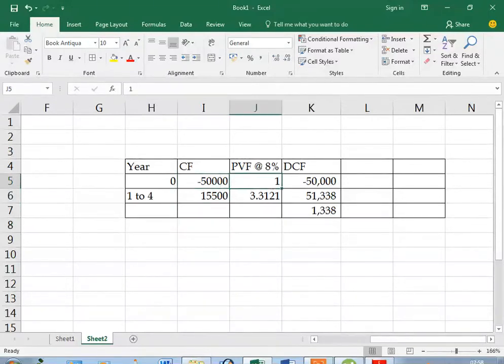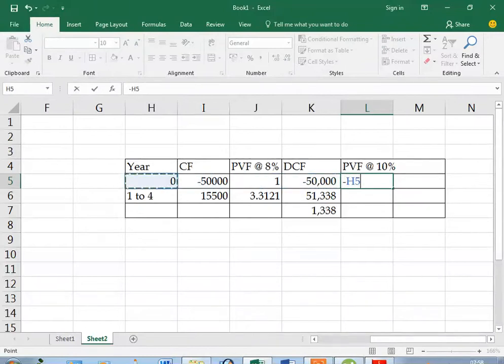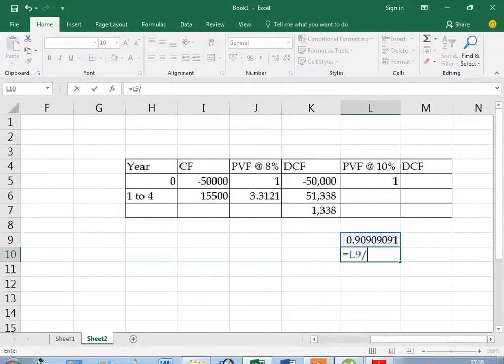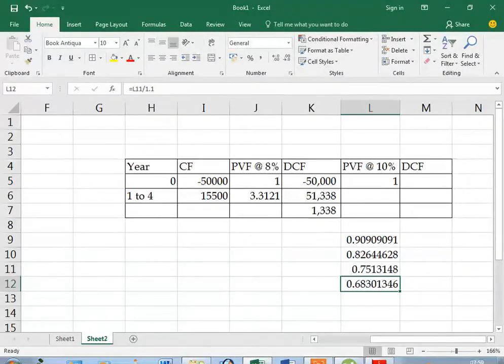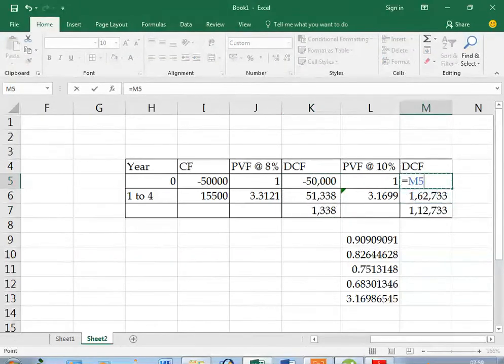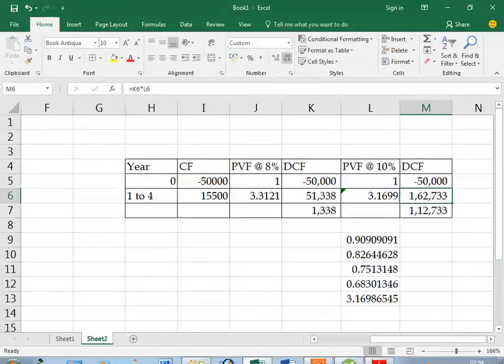Then you can get the answer. One positive, one negative NPV is needed.